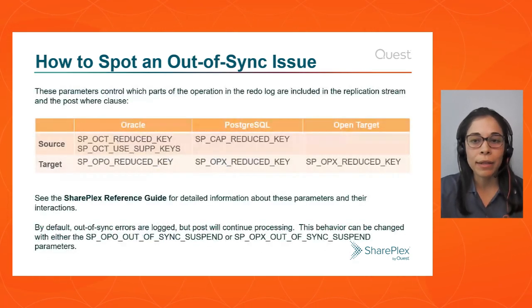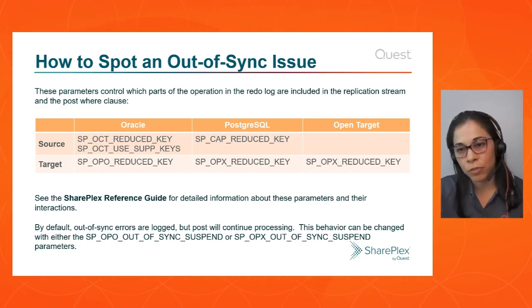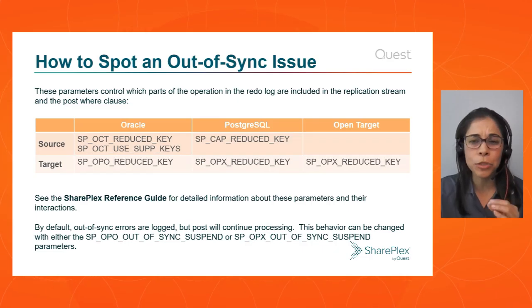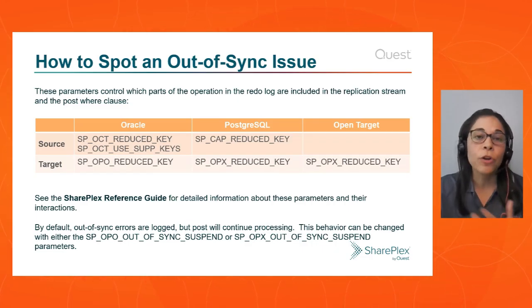So now we can discuss the parameters that control which part of the operation in the redo log is included in the replication stream and in the post where clause, as we saw in the previous slide. Depending on your business needs, SharePlex allows you to configure the capture and the post-processing behavior by choosing whether to send or utilize all data from the redo logs.